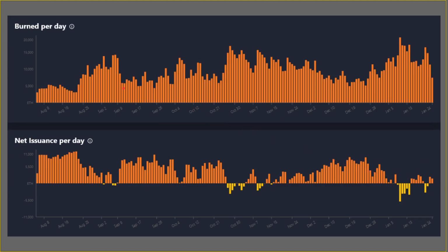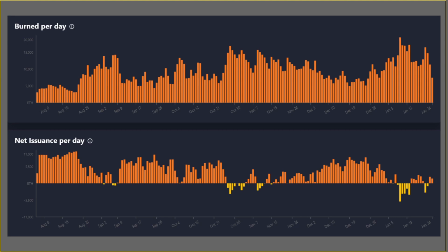Here are some additional figures from watchtheburn.com. Here is the amount burned per day. Here is the amount of Ethereum destroyed with every transaction. This is Ethereum that would be afforded and allocated to the miners operating on Ethereum.